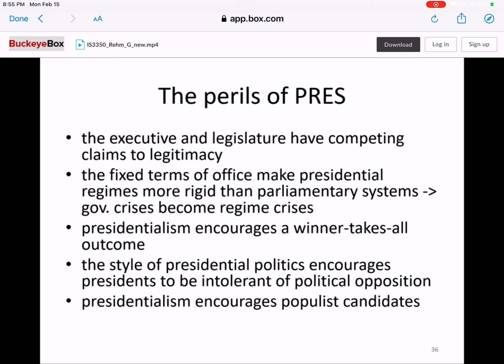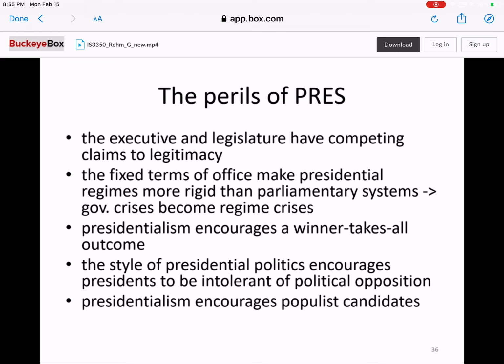Remember that in parliamentary systems, the parliament simply can fire and replace the current executive at any point in time. Now, in presidential systems, that's not possible. And you often get gridlock, or if the executive is in crisis, that becomes really a crisis for the entire regime.